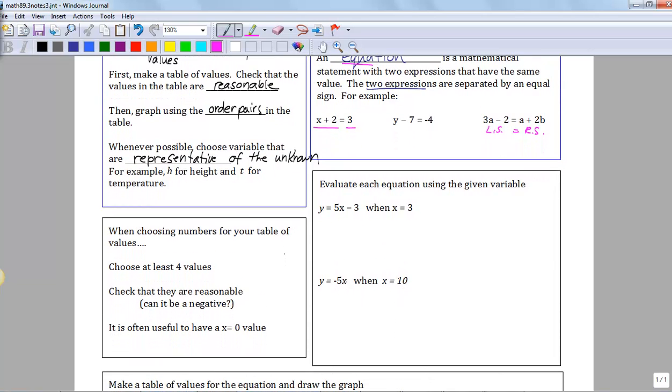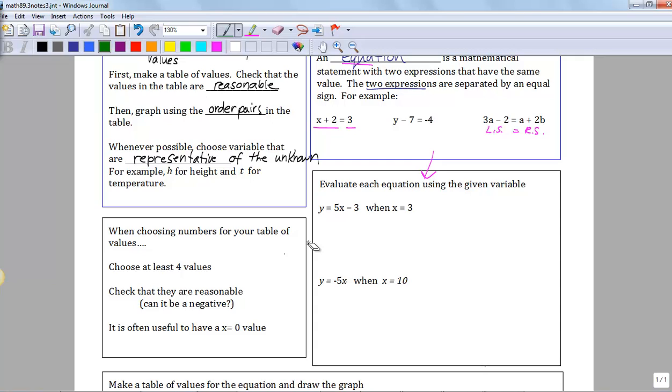Alright, so let's go down here and evaluate each equation using the given variable. Now, your mathematical communication is really important in these sort of situations. It should be all vertical, and the equal signs should line up.